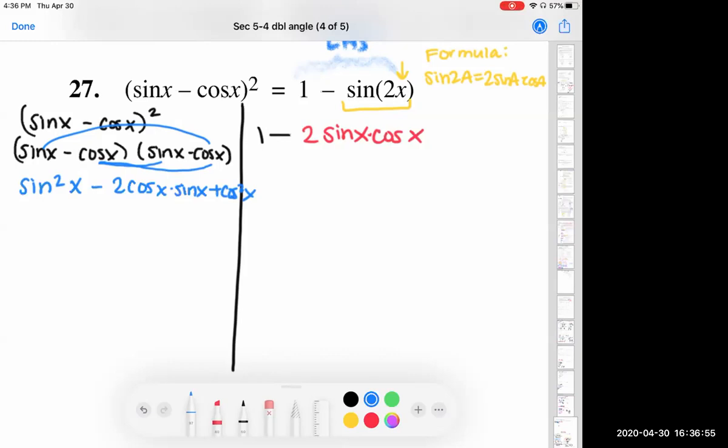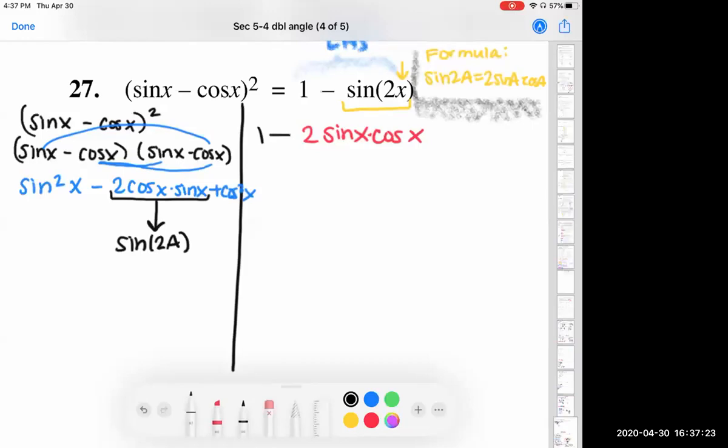I'm still going to use that formula telling me that sine of 2a is 2 sine of a cosine of a. We have this here, 2 cosine of x times sine of x. We know that that is sine 2a.